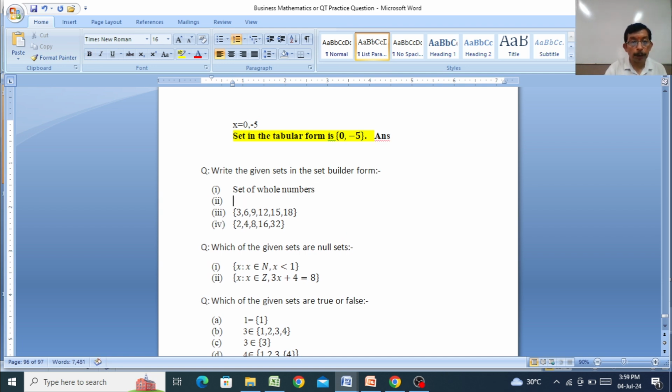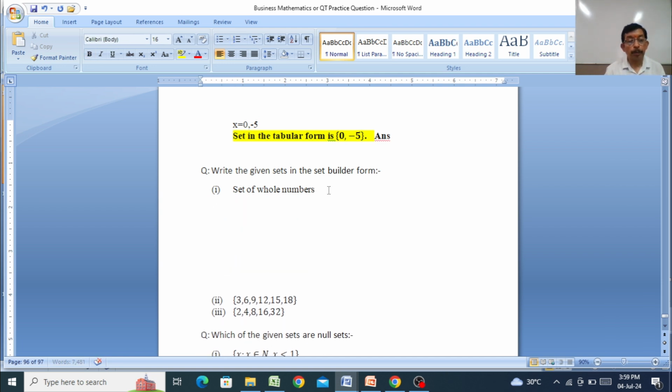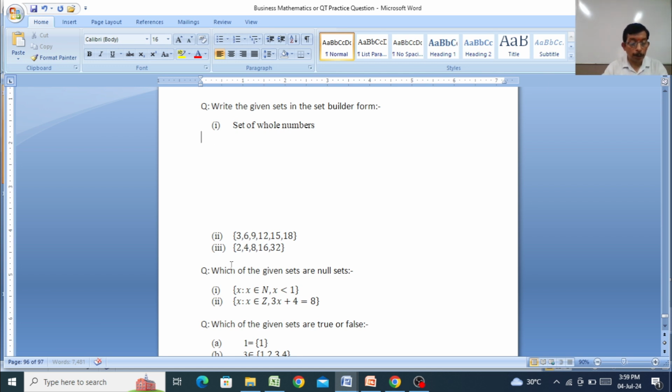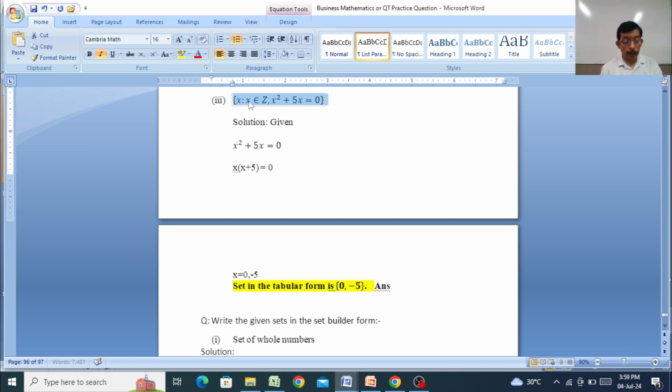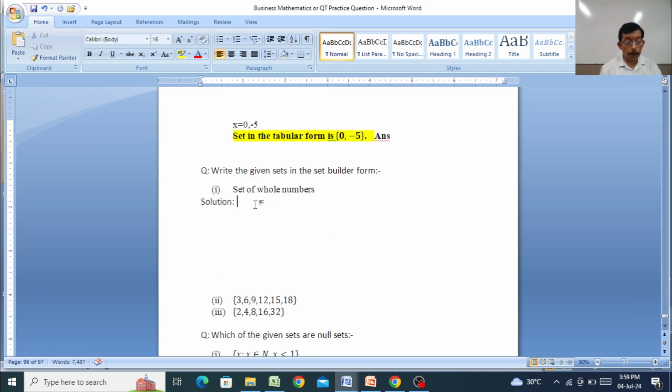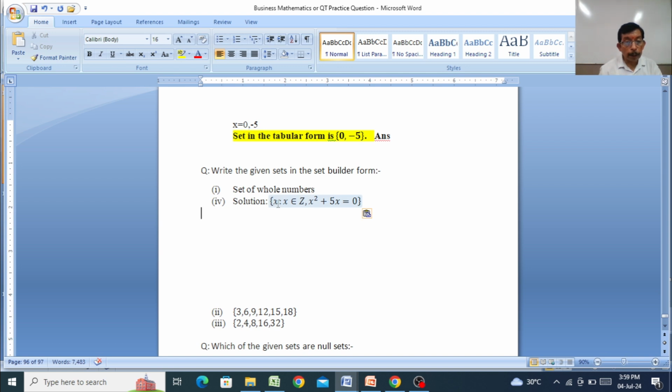The first question is the set of whole numbers. Write it down in the property form. First we start the curly bracket, x such that x is a whole number.